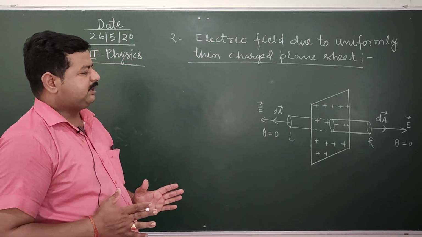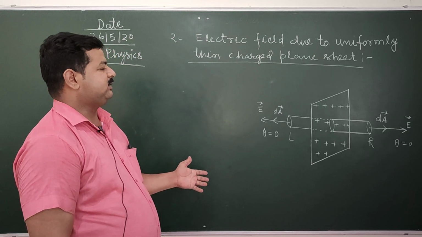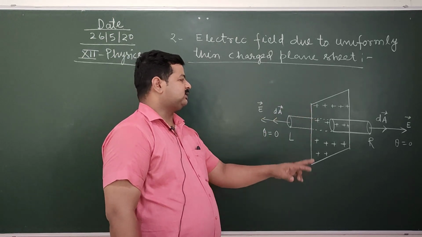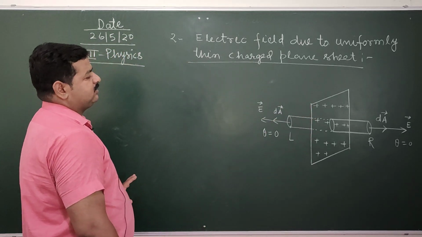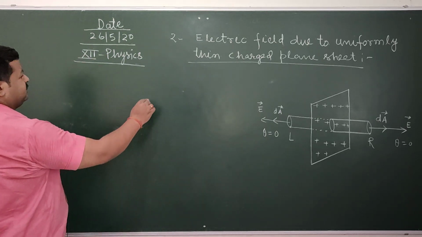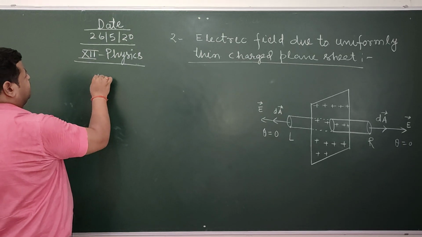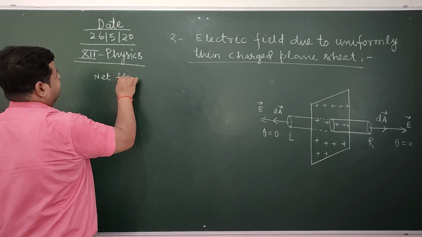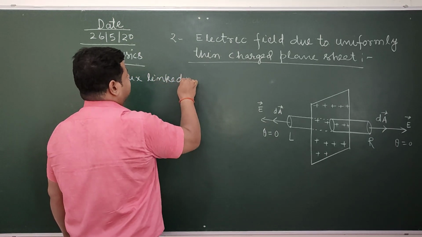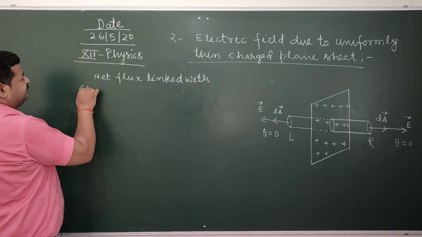So if we calculate the net flux on the right side and net flux on the left side, then the total electric flux is obtained for the charge plane sheet. Here we calculate the net flux linked with the charged plane sheet.